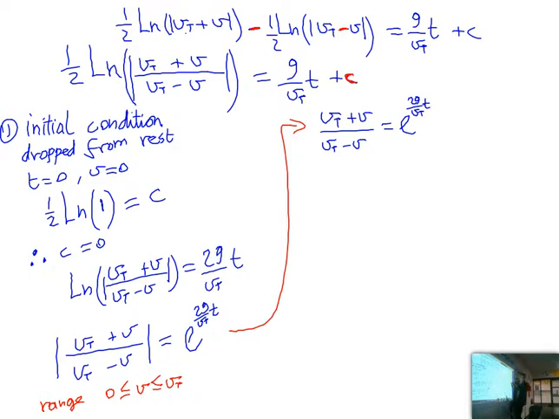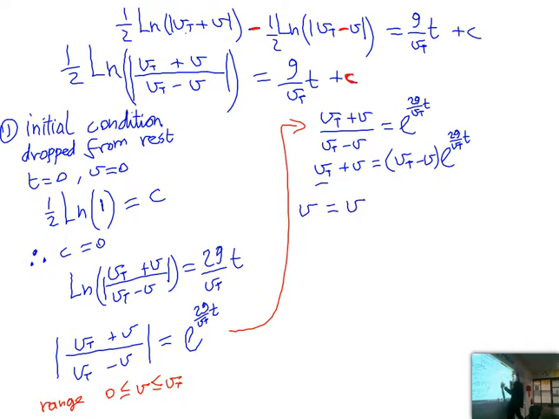Okay, now let's multiply the denominator, and we're going to expand. The goal is to solve for just V. We're going to subtract this terminal velocity over to the right hand side.